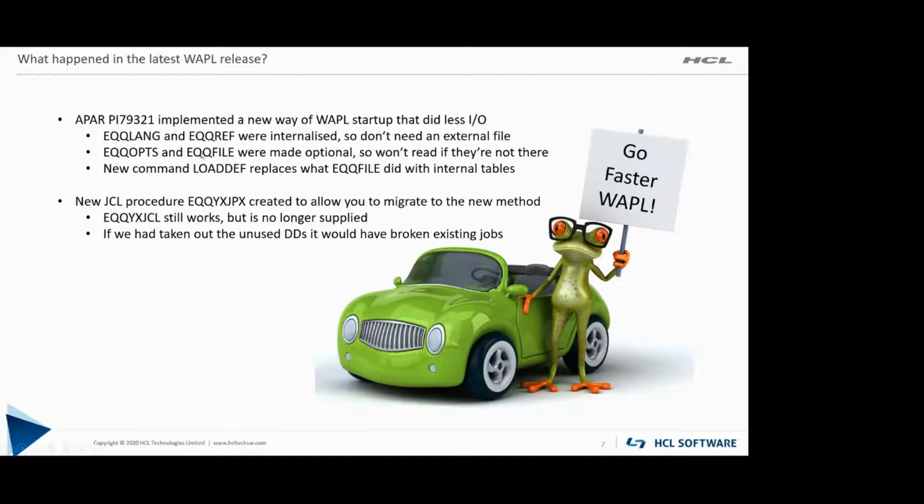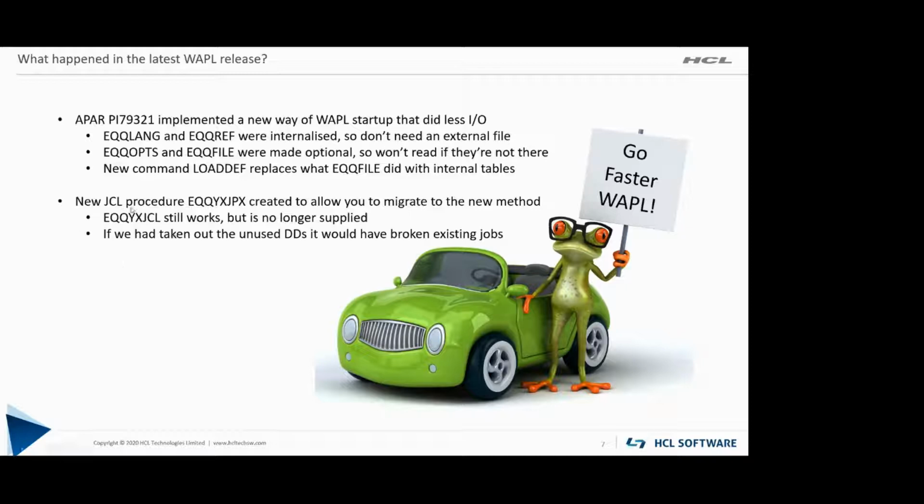EQQ ops was where you could set your own default options, and EQQ file would load predefined file definitions. If you don't need either of those, it won't read them if they're not in the JCL. And finally, the load def command was introduced to replace EQQ file. It does exactly the same thing, but it doesn't read a member, it reads a table internally.